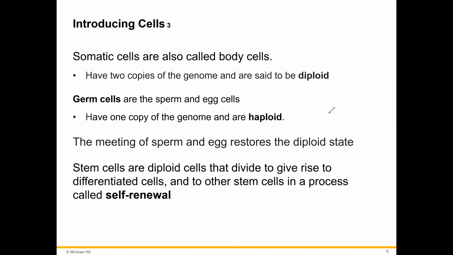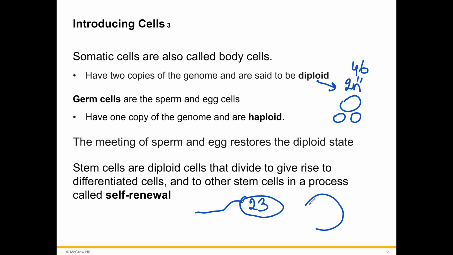So you are made of cells, right? All your cells are 2n, so they are diploid. And for human cells, 2n equals 46, so we have 46 chromosomes. Now, a sperm has only 23 chromosomes. An egg has only 23 chromosomes, so they are haploid.